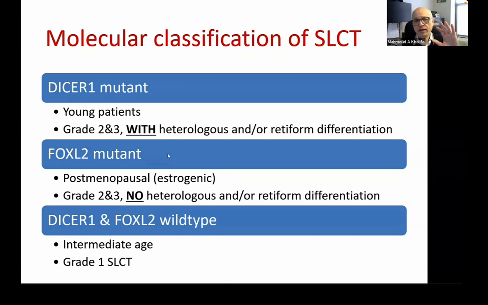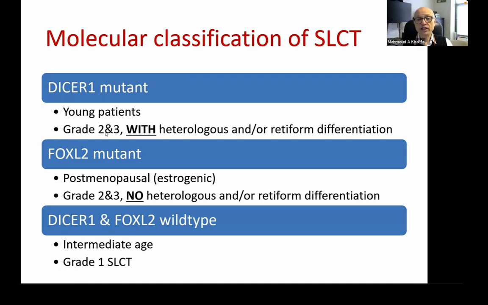So as far as the update is concerned, if you are not familiar with the molecular classification of Sertoli-Leydig tumor, I think this is really very important, that there are 3 types of Sertoli-Leydig tumors. The one like the one I just showed you, this patient was 27 years old.